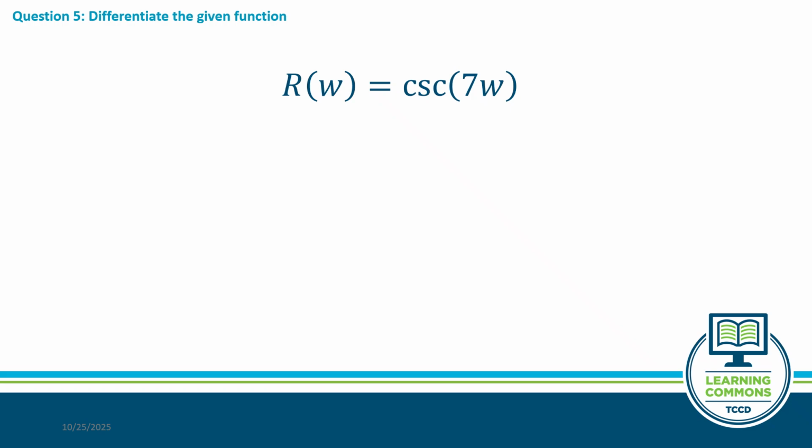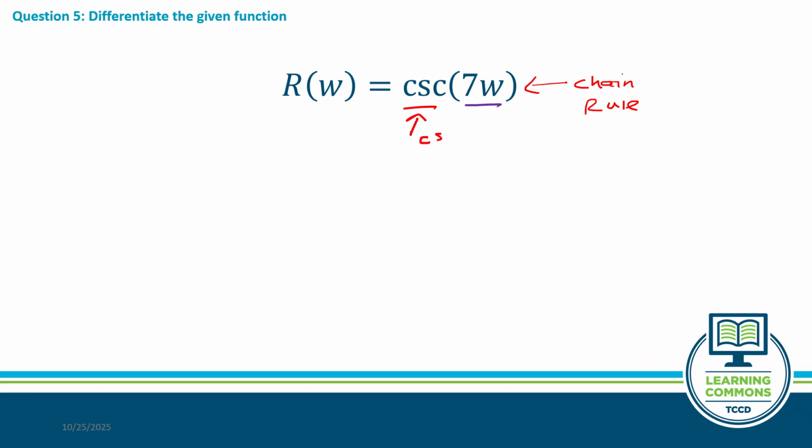Okay, this is a, say it with me now, a chain rule. So you have the outside function, and then you have the inside function. Recall that for the inside function, you have that little table.